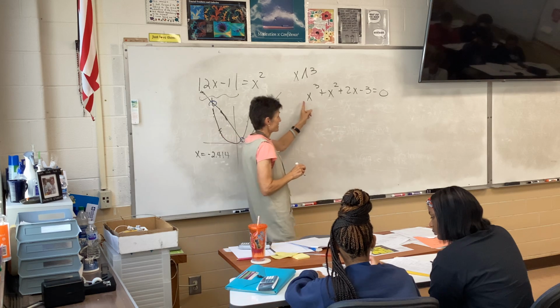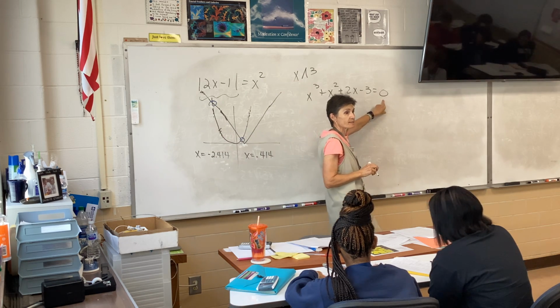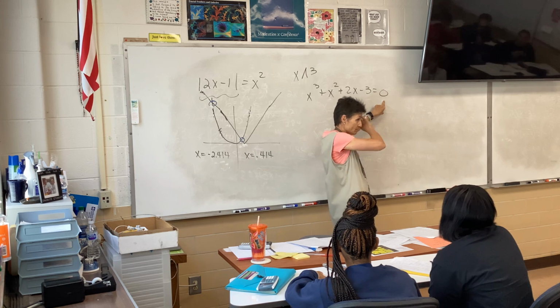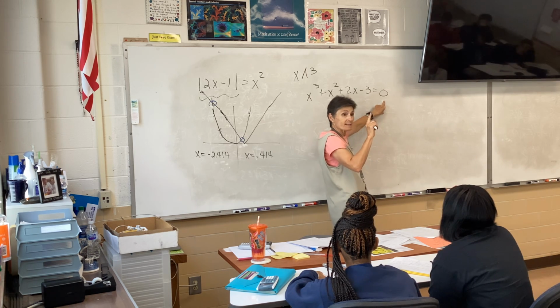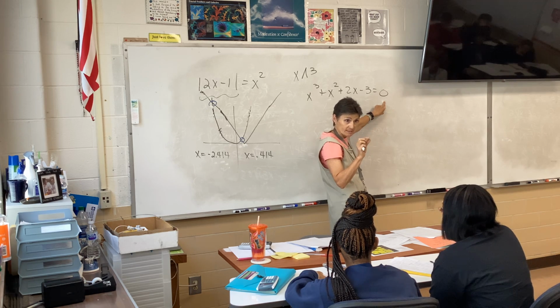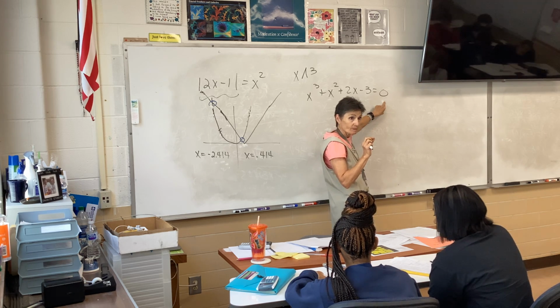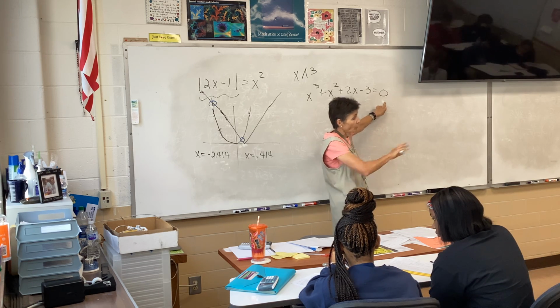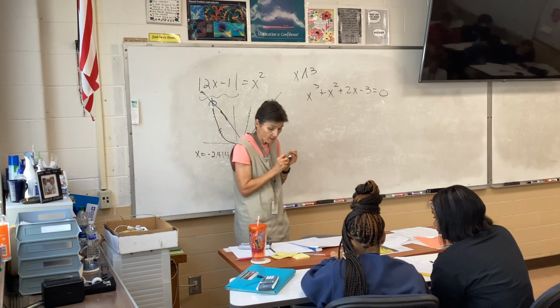Also, since this equation is set equal to 0, when I put it in y equals, I won't second calc intersect, I will second calc 0, right? Because I wanna know where it crosses the x-axis. All right, go ahead and get started, I'm gonna come around and help.